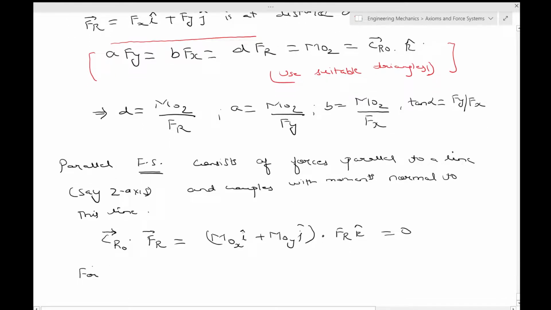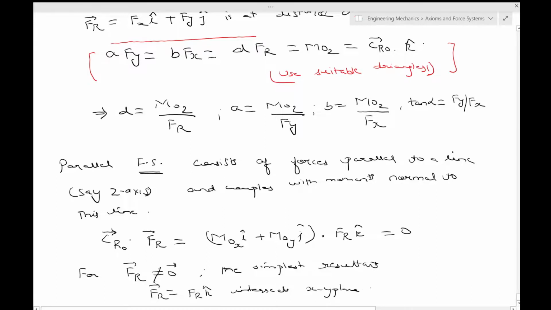Now for FR not equal to the 0 vector, the simplest resultant, along k hat, intersects the xy plane at a comma b comma 0.